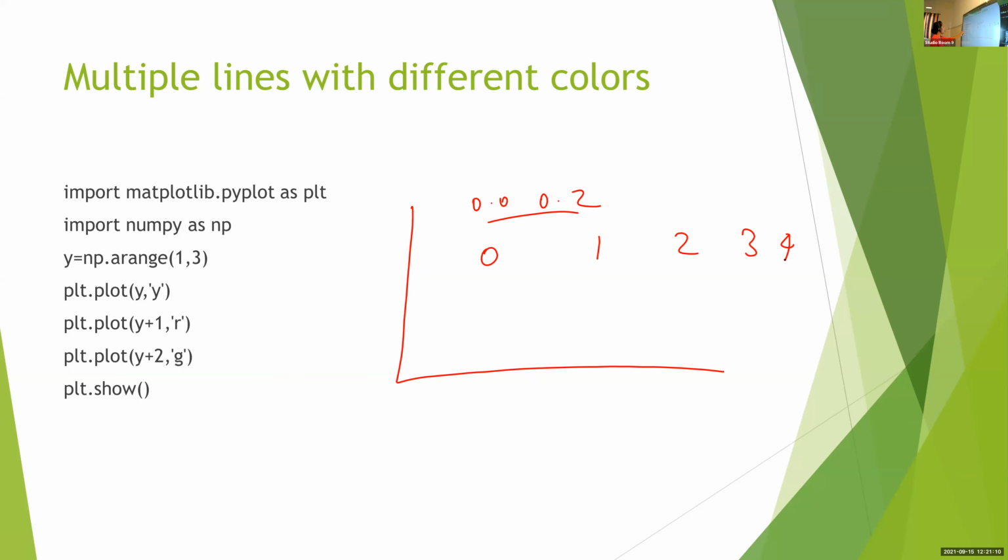If only one value is given for plotting, that is only the y value, then in the case of the plot function, that value is assigned to y, not to x. And the default x values are 0, 1, 2, 3, 4 up to 10, all the integers. That is 0, 1, 2, 3, 4, 5, 6, just like that.